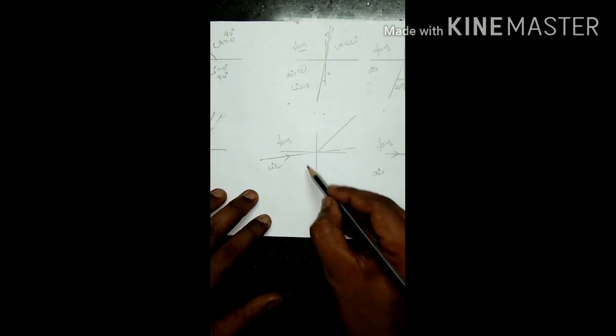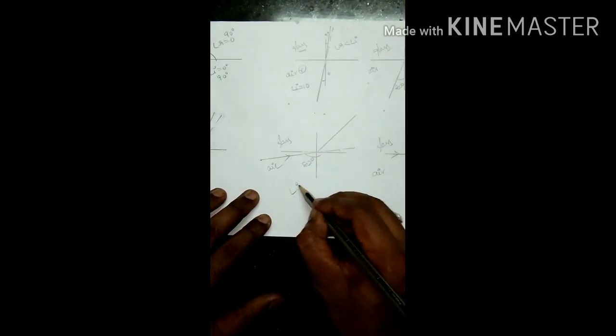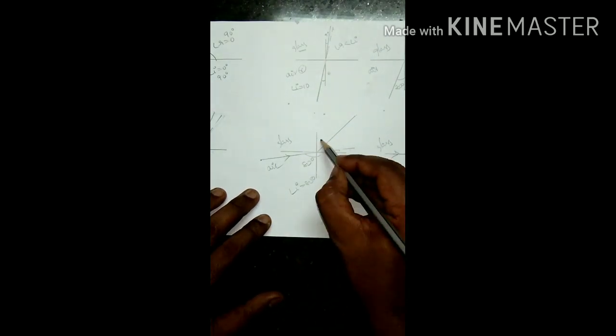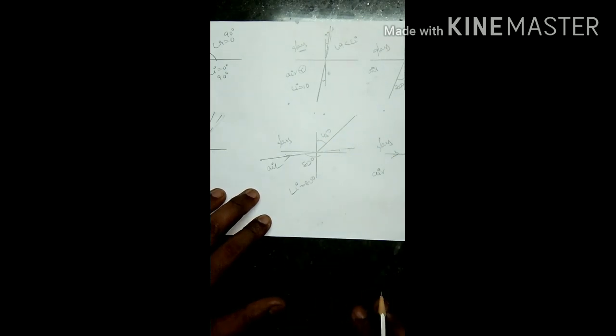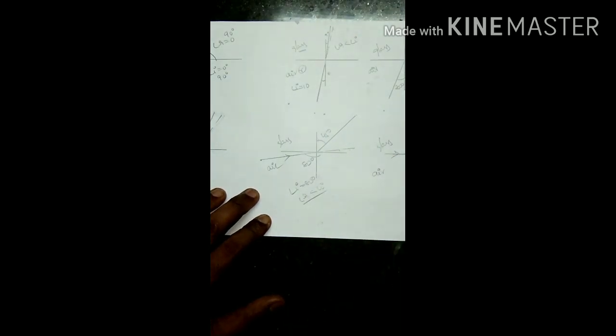Then in this case, I consider the angle of incidence as 80. The angle of refraction is 45 only. This means angle r is always less than angle i.